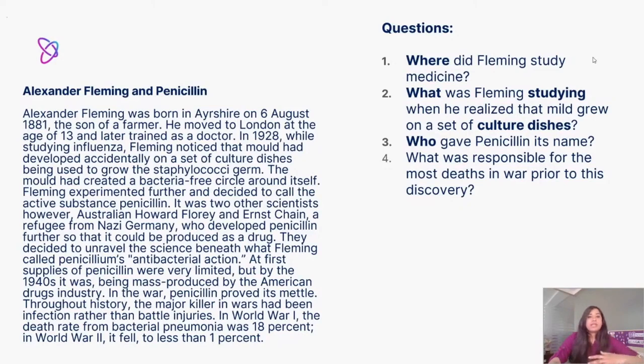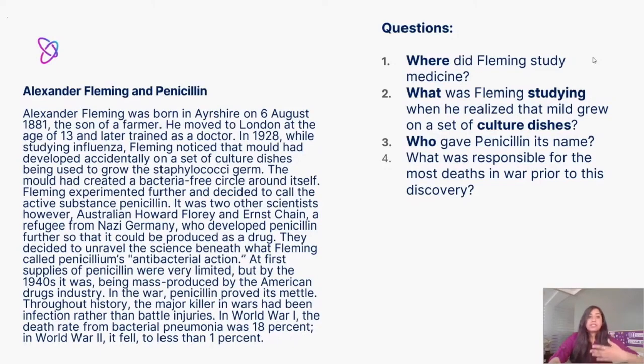Fleming experimented further and decided to call the active substance penicillin. It was two other scientists, however, Australian Howard Florey and Ernst Chain, a refugee from Nazi Germany, who developed penicillin further so that it could be produced as a drug. They decided to unravel the science beneath what Fleming called penicillin's antibacterial action.